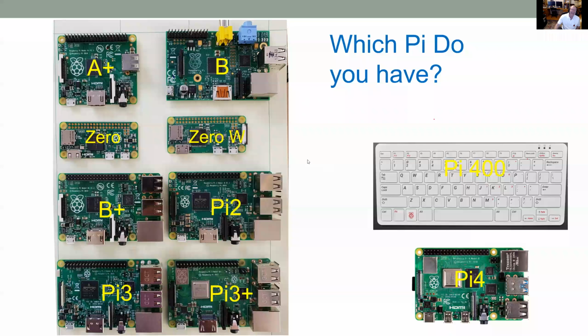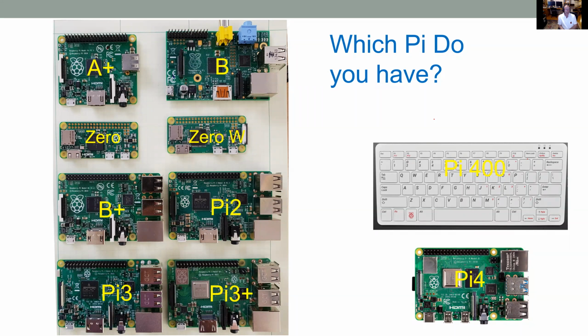And Wyatt, what type of Pi do you have? I think I have a 3 as well. Okay, so a 3+ or just a 3? I think just a 3. Okay, so the 3 is a good one. It has built-in Wi-Fi.